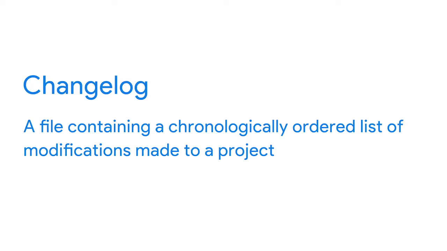Coming up, you'll learn different strategies for reporting, like creating data cleaning reports, documenting your cleaning process, and using something called the changelog. A changelog is a file containing a chronologically ordered list of modifications made to a project. It's usually organized by version and includes the date, followed by a list of added, improved, and removed features.